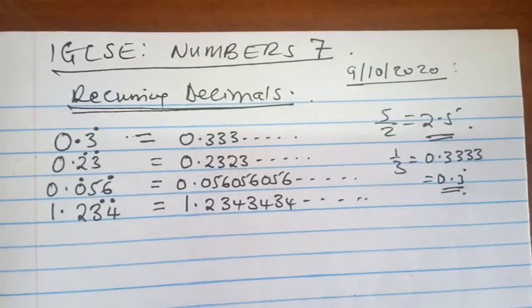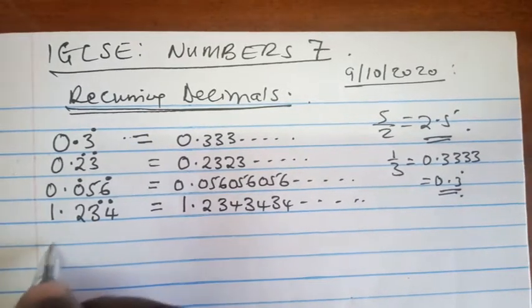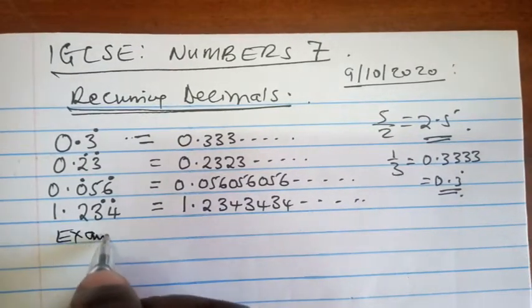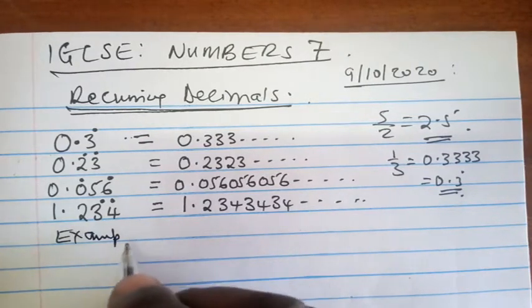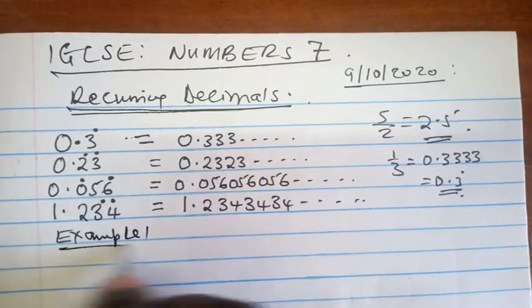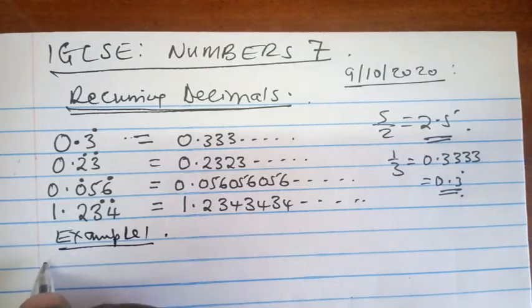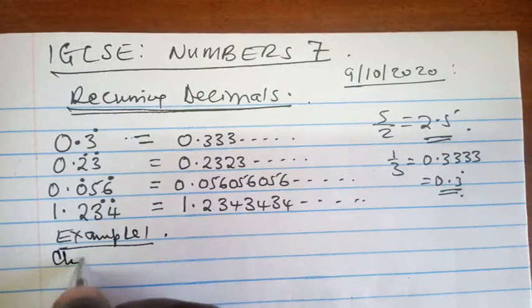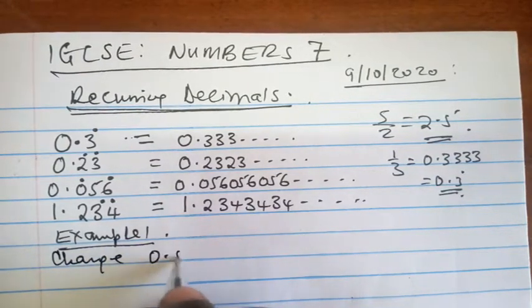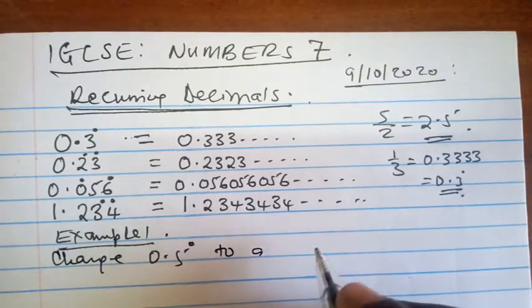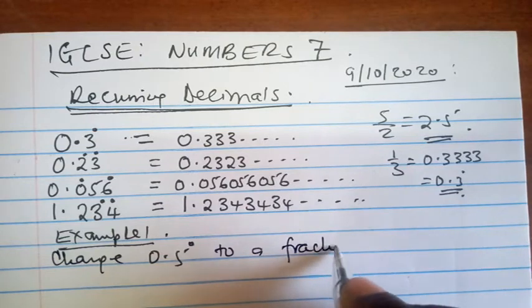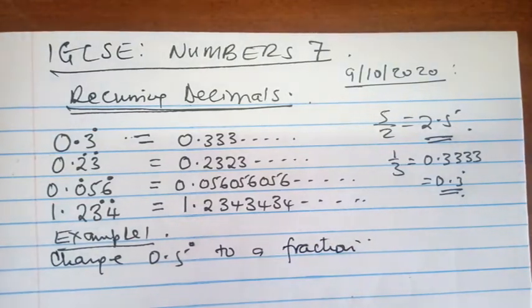So I want us to just go to example 1 so that we learn how to change decimals into fractions. Example 1 is telling us to change 0.5 recurring to a fraction. And these are the steps.